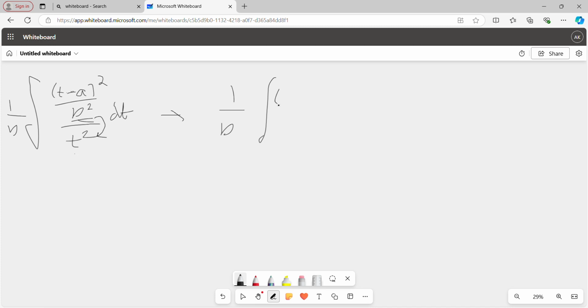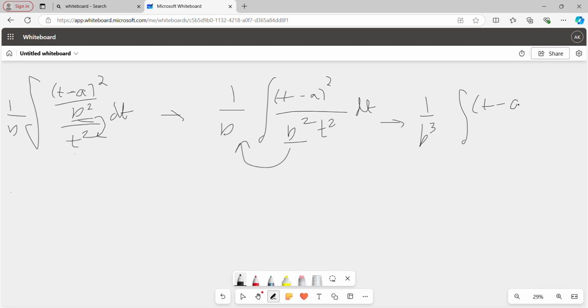So we get (bt minus a) whole square by b square t square dt. According to our knowledge, b is a constant, so let us put it outside the integral, giving us 1 by b cubed integral (bt minus a) whole square by t square dt.